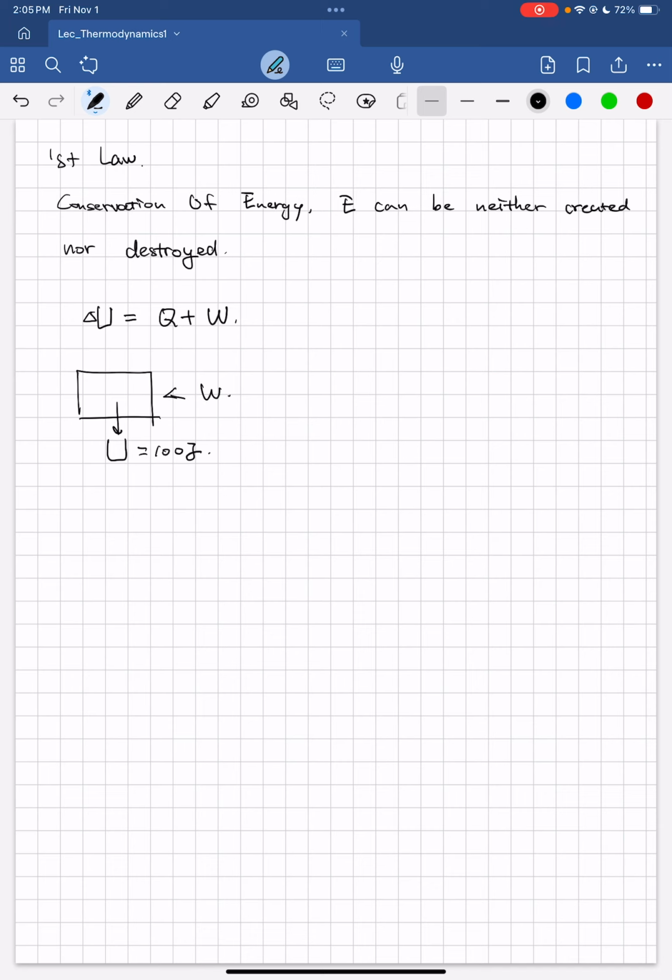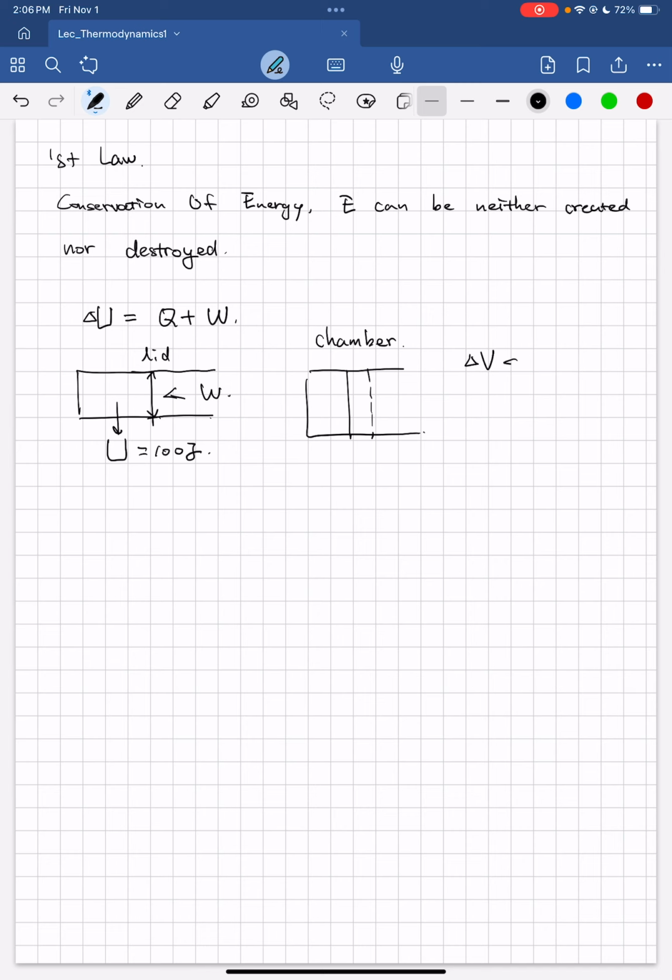We push this, and let's think about this kind of system, and this is a lid, and we push this into this kind of shape. We push this, the volume of this chamber has decreased.